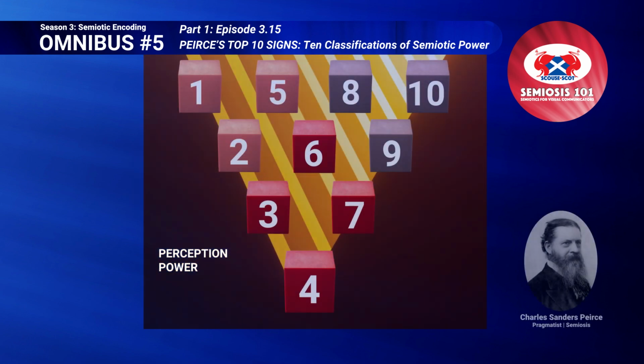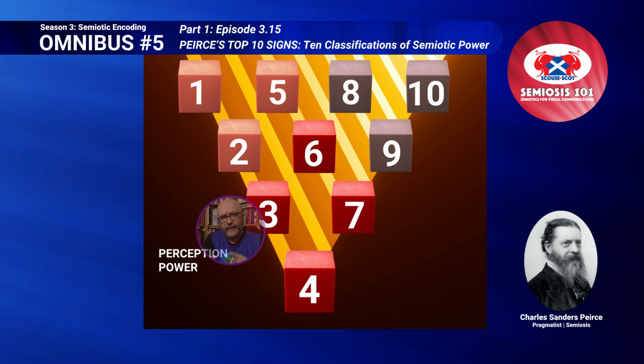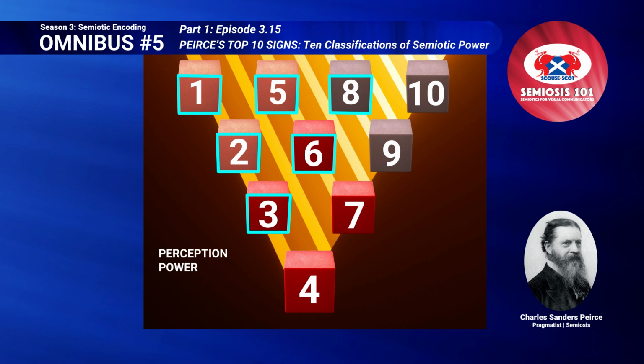PEIRCE illustrates his 10 semiotic sign classes in an inverted pyramid. When looking at PEIRCE'S 10 sign classes, we read them in rows diagonally downwards from sign 1. In doing so, we can see classes 1, 2, 3, 5, 6 and 8 are grouped in the top left section of the pyramid.